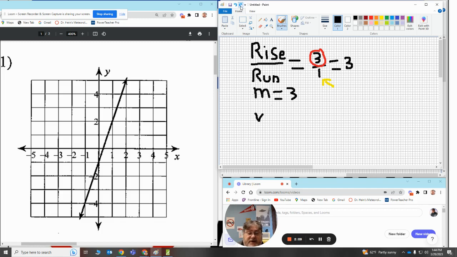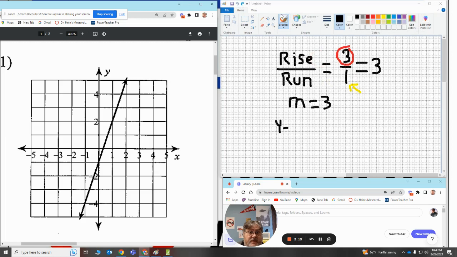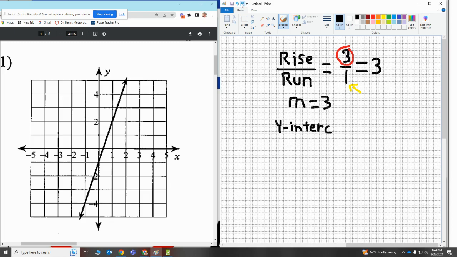The next thing we're going to find is the y-intercept. Okay, instead of writing out y-intercept, I'm going to use the letter b. And b will stand for my y-intercept, okay?